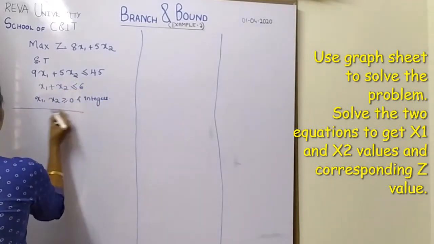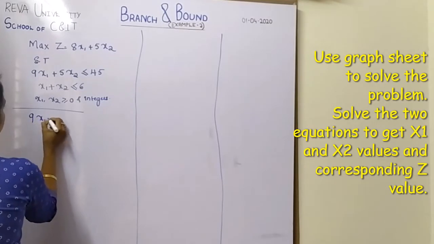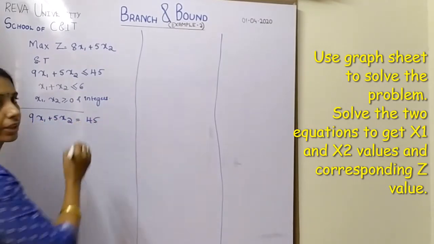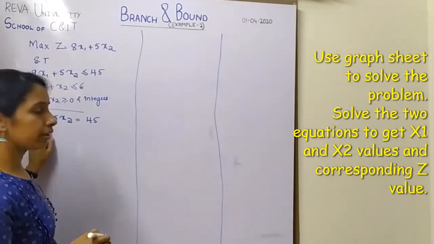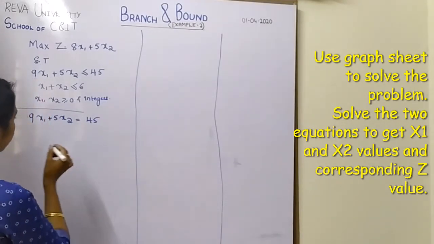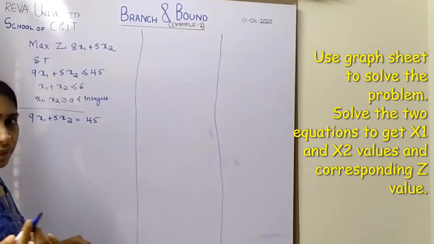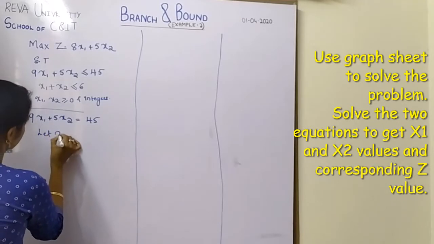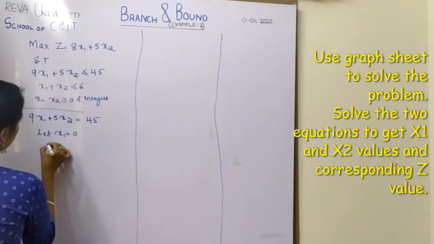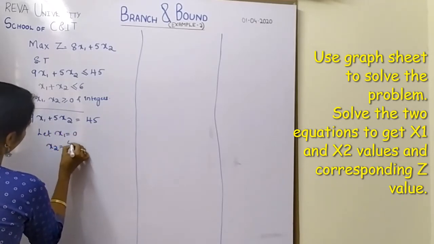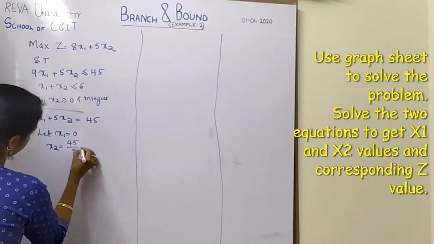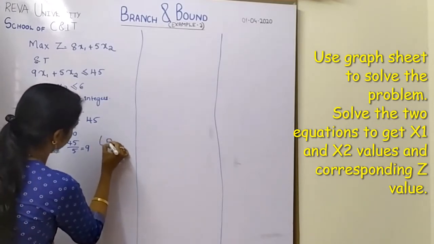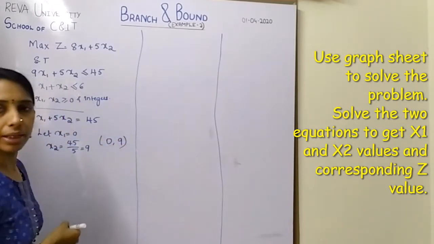So, 9x1 plus 5x2 is equal to 45. Let's consider one of the variables equal to 0 so that we get the value of the other. Let x1 equal to 0, x2 will be 45 by 5. You will get 9. So the first point is (0, 9).